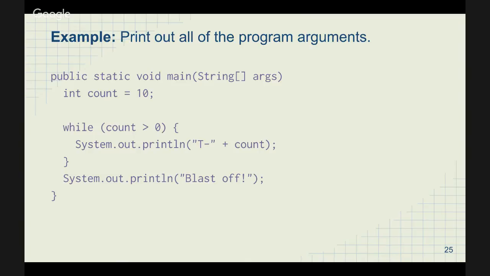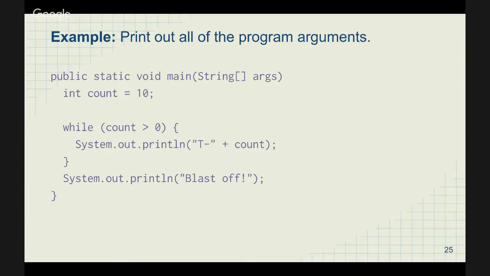I didn't mean to be teaching you about it, but I messed up. We never change count, right? So what's going to happen is we're going to have greater than 0, T minus 10, T minus 10, T minus 10. Should I keep doing this? T minus 10. We're never going to blast off. Okay, so that was my error, right?